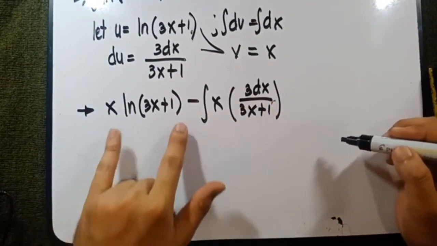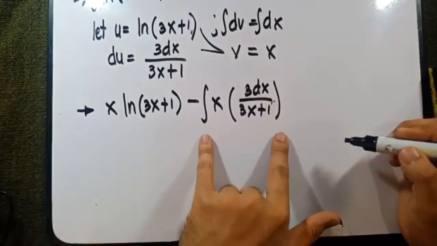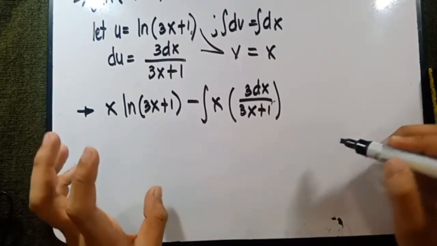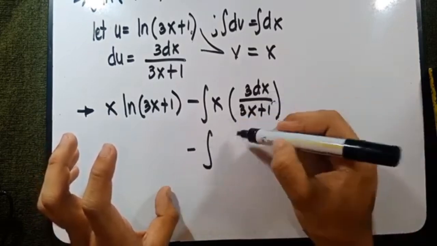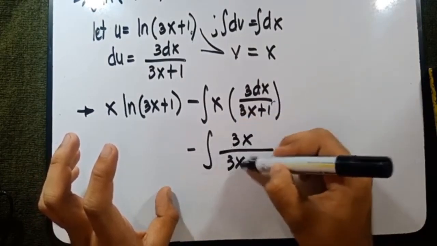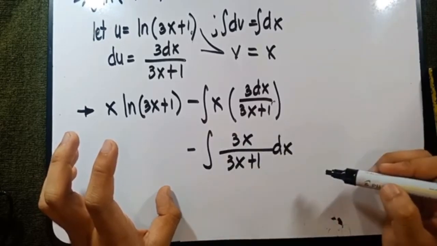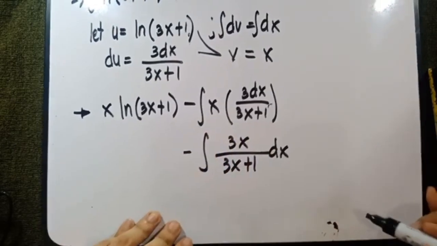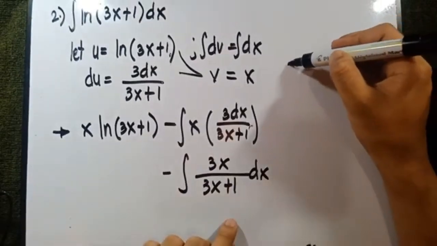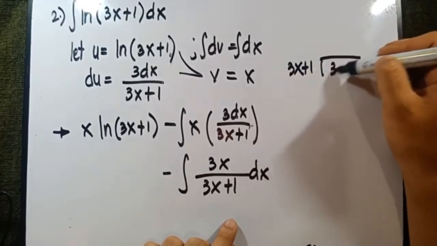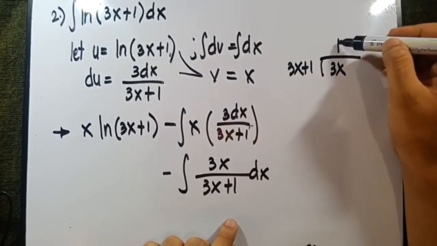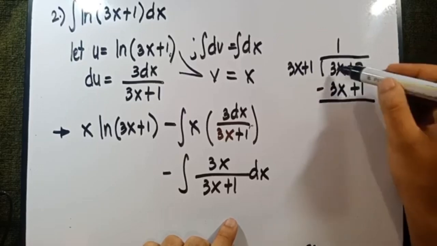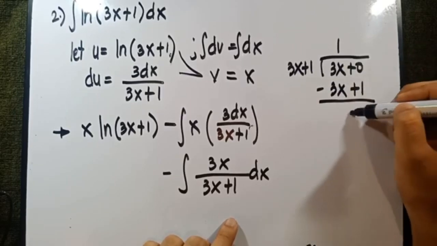So, let's simplify. I won't touch this one for now, I'll just work on this part. We simplify, that would be 3x over 3x + 1 dx. Now, let us divide this expression. 3x + 1 into 3x: 3x divided by 3x + 1 is 1. 1 multiplied by 3x + 1 is 3x + 1. 3x minus 3x is 0, and 0 minus 1 is negative 1.